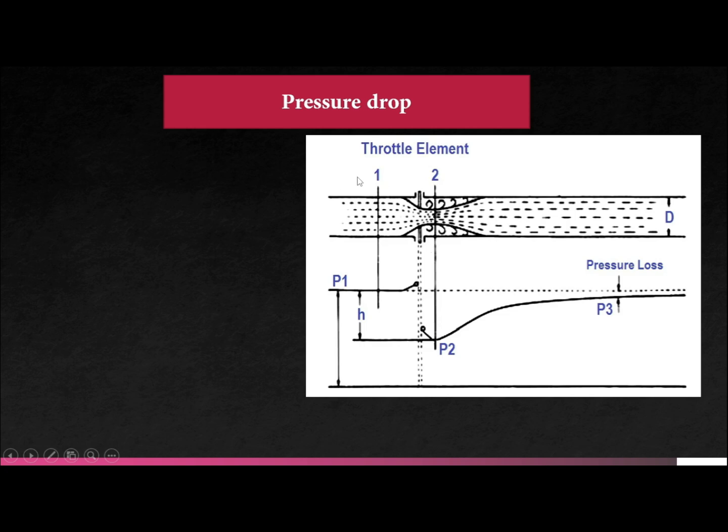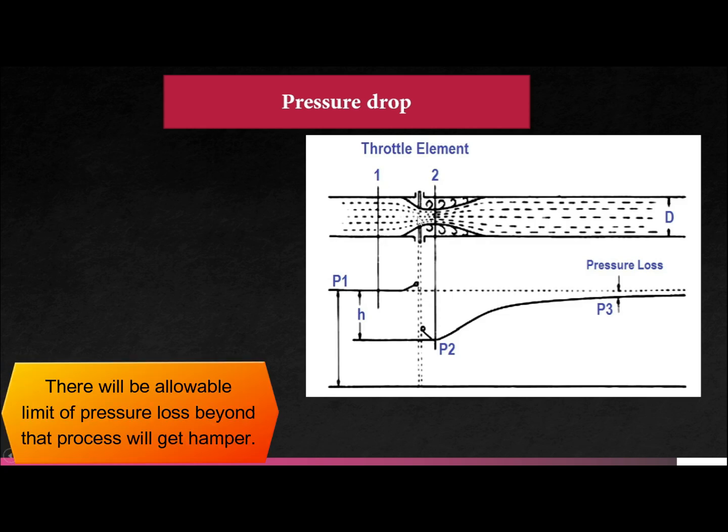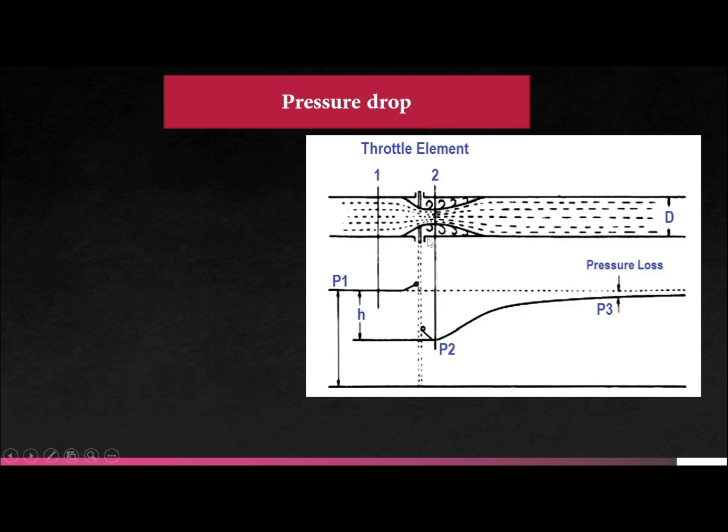Suppose there is 70 kg pressure, and here we got a 1 kg or 2 kg, 3 kg, 4 kg drop in pressure, then we are not able to get the exact 70 kg pressure after this orifice plate. So there will be a small drop, we are not able to gain 100% pressure like P1. So this is called the pressure loss.